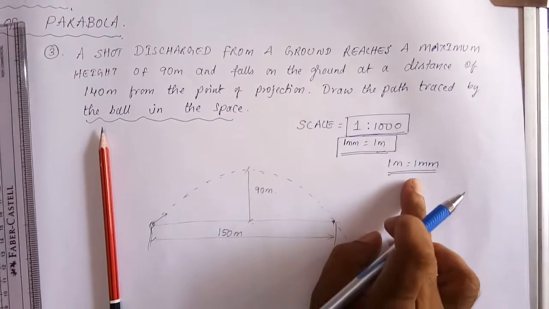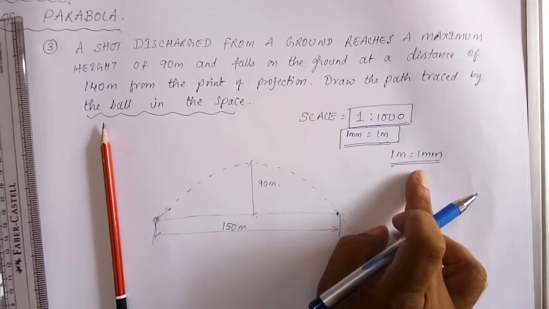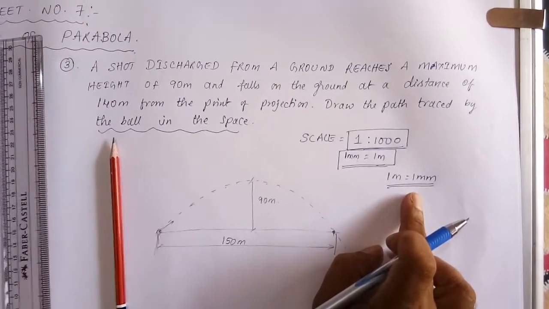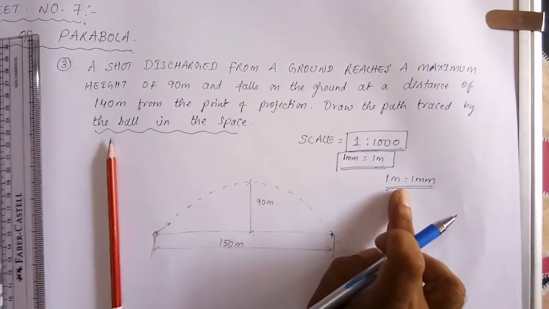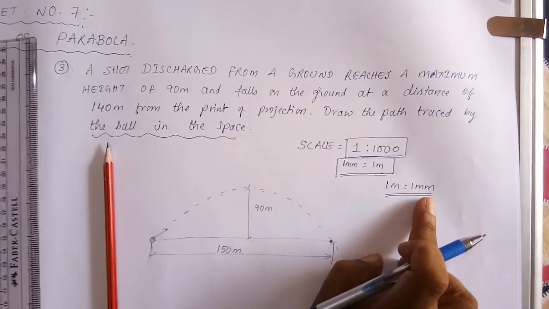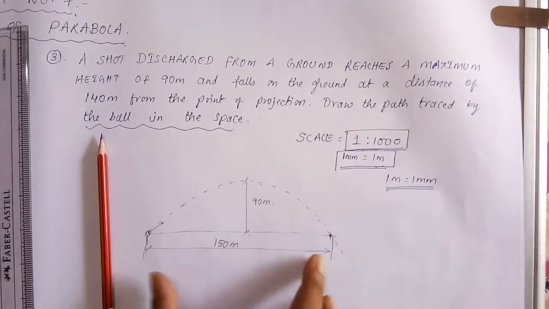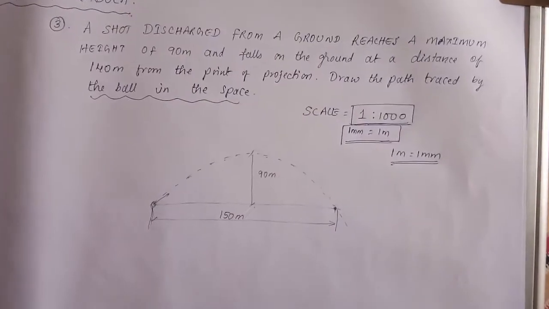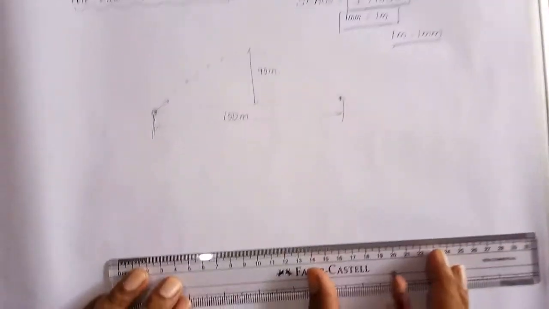So I am going to take a reducing scale here. That is 1:1000 scale I am selecting. When I take 1:1000 scale, 1 meter will be equal to 1 mm. Right? So here 150 meter we have. If you have 150 meter, how much mm I have to take? 150 mm I have to take.